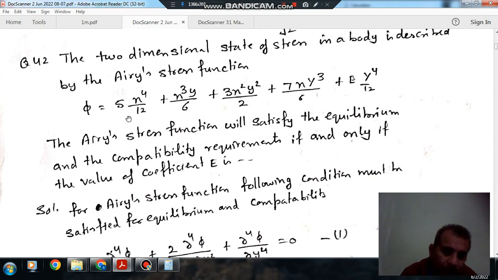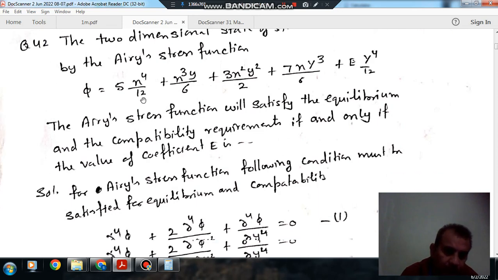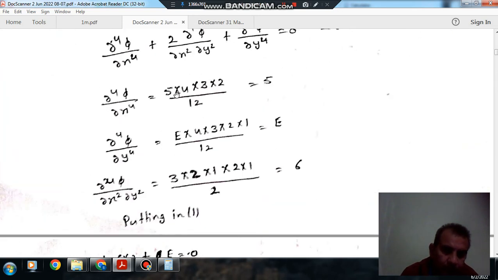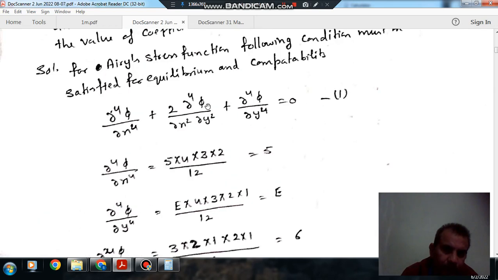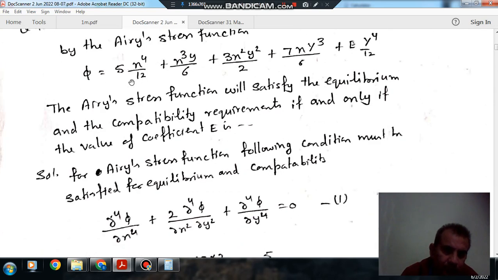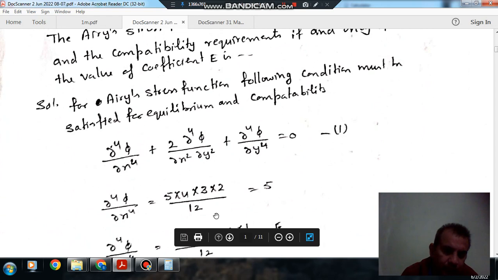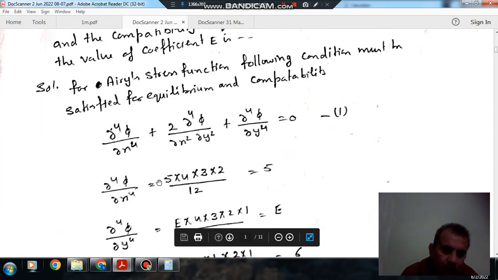So only the first term is left, and its differentiation 4 times will be first time 4x cube, second time 3x square, third time 2x, and fourth time 1. So it will be 5 into 4 into 3 into 2 into 1 by 12. Because 5 is already there, so 4 into 3 into 2 will come here, and 12 is already there, so it will be 5.